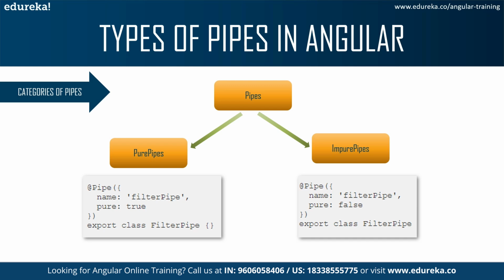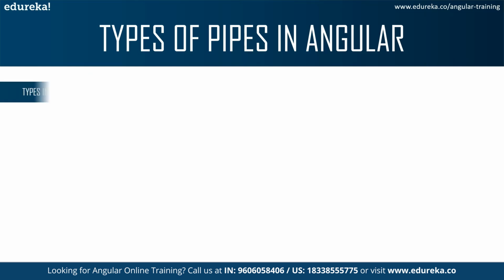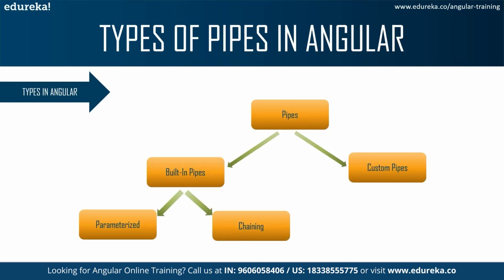Now further, we'll look into the types of pipes in Angular. In types, we have built-in pipes and custom pipes, as I've mentioned earlier. In built-in pipes, we have parameterized pipes and chaining pipes. Of course, custom pipes, as the name suggests, do not include any types, as the user customizes each of the pipes.